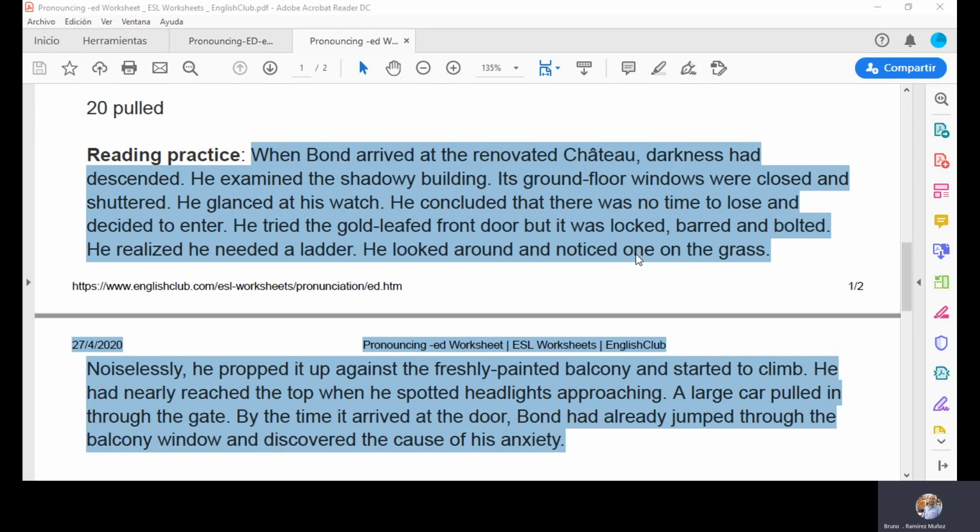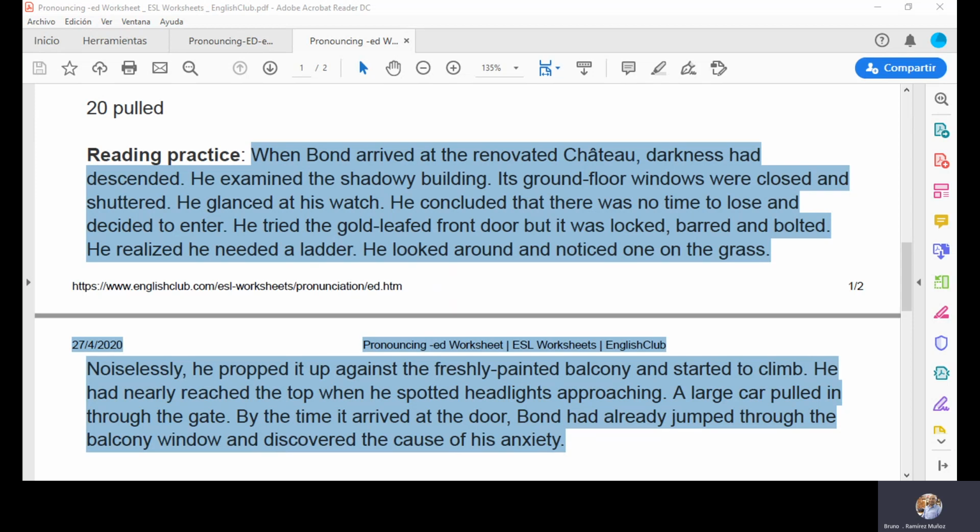So when Bond arrived at the renovated chateau, darkness had descended. He examined the shadowy building. Its ground floor windows were closed and shuttered. He glanced at his watch.